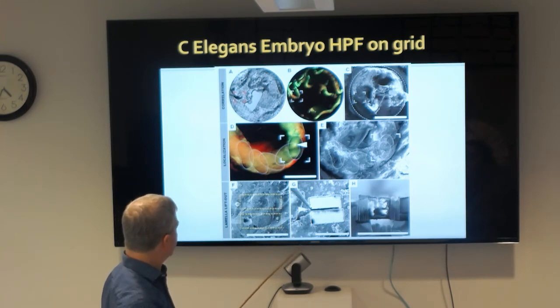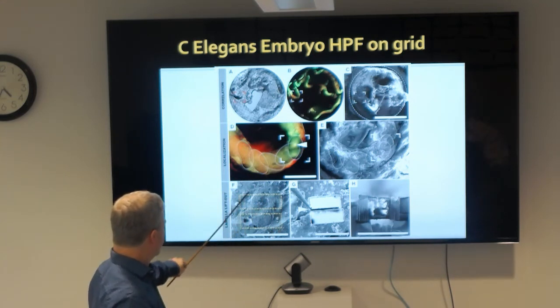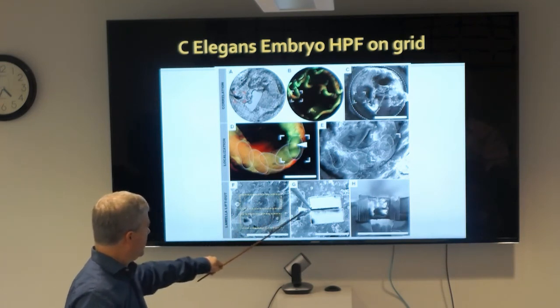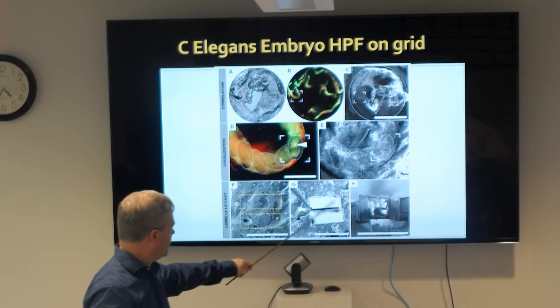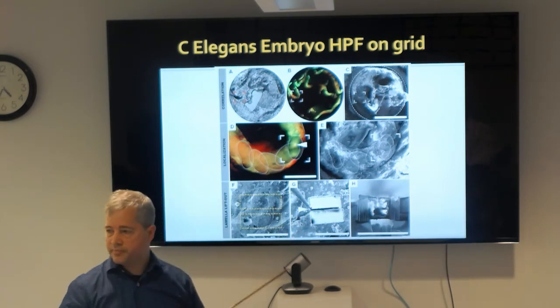I can't remember exactly how they froze it, but I think it was high pressure frozen onto a grid, and then they did the same sort of lift out procedure where they cut trenches, and then using a cooled probe, they were able to lift it out and then put it onto an EM grid.